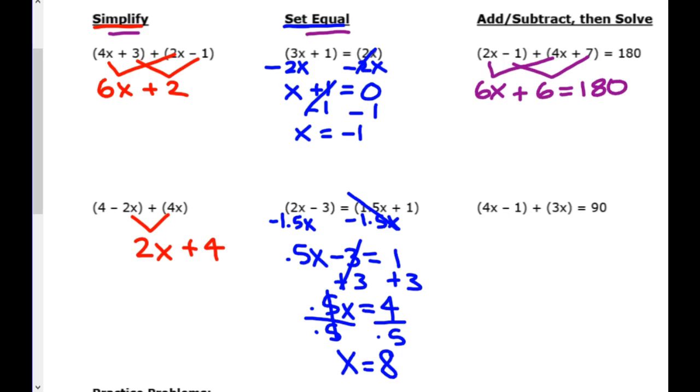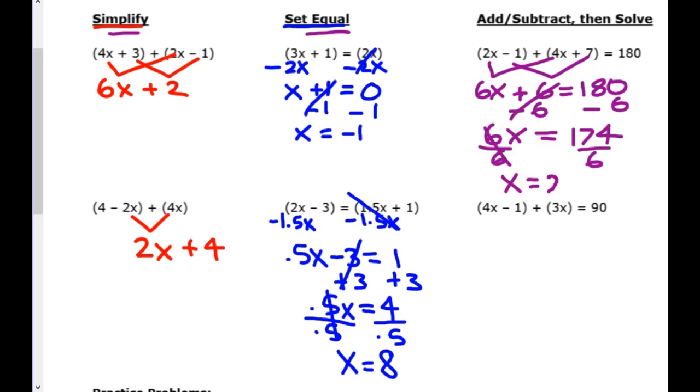Obviously, I need to get rid of a 6, but which one? The lower one, which is this plus 6. The opposite is minus 6, minus 6. So 6x equals 174. And since 6 is a coefficient, we are going to divide. And we get, I'll help you out, 29.